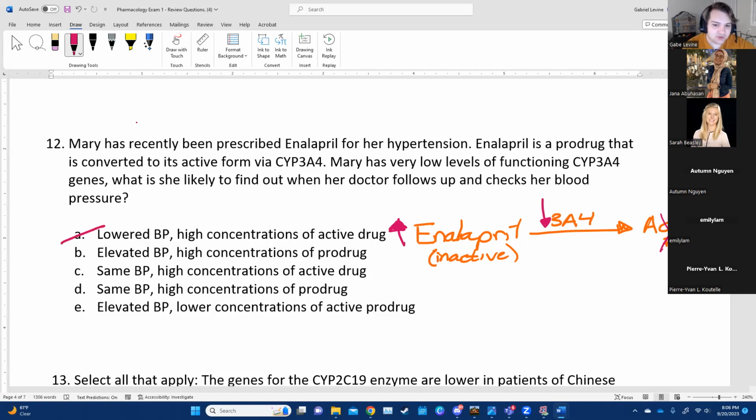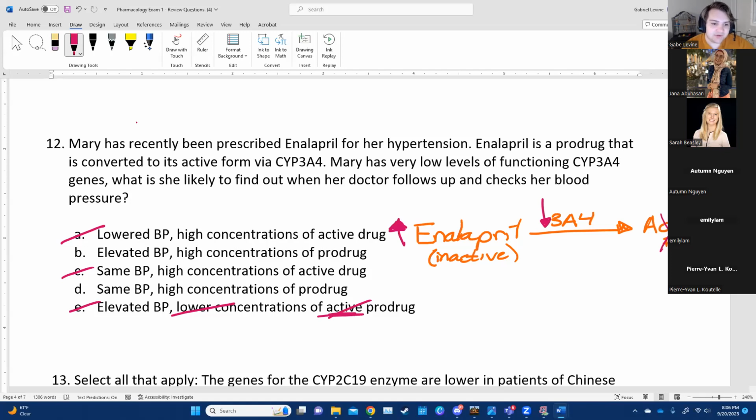No. Would she have high concentrations of prodrug? Yes. Lower concentrations of active drug? No. Also, not lower concentrations. Both of those are wrong.